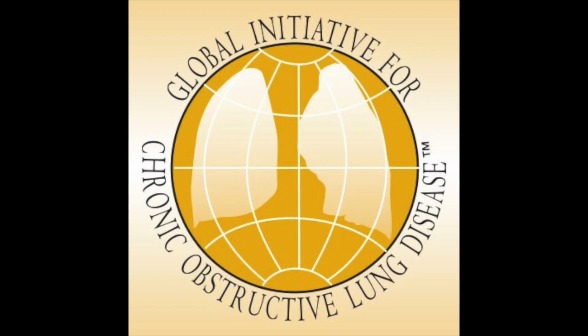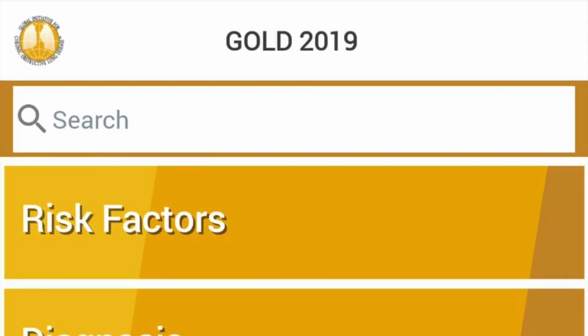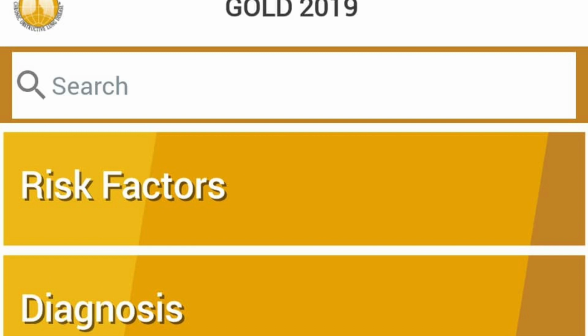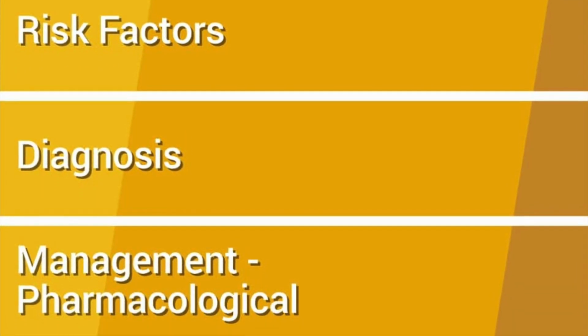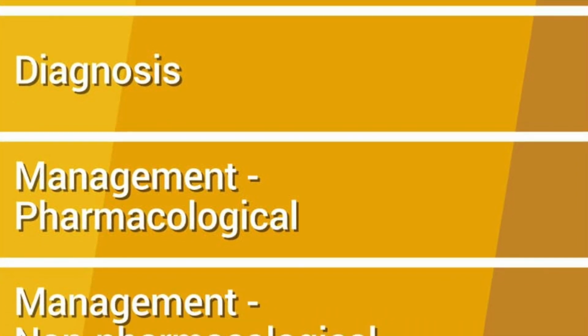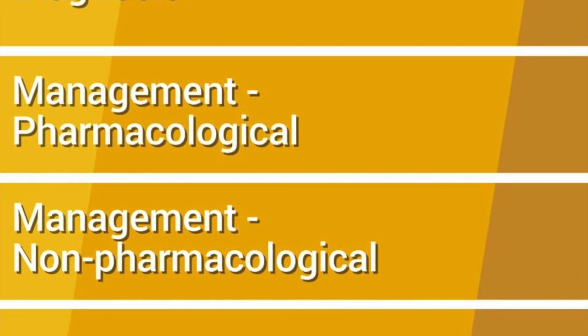Last but not least is the application for the GOLD guidelines for chronic obstructive lung disease, an illness that most of us will manage whether it is in hospital or in an ambulatory context, and therefore it makes this application very useful. Now, what you can find in such an application is different information about risk factors, the diagnosis, the pharmacological and non-pharmacological management, and the follow-up.